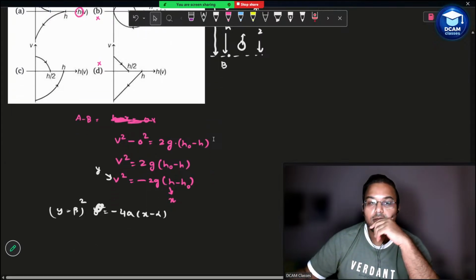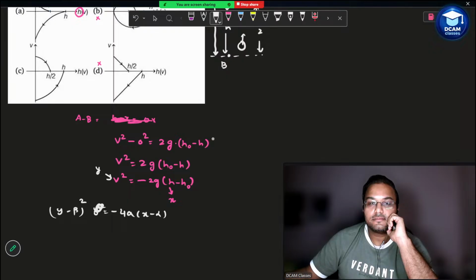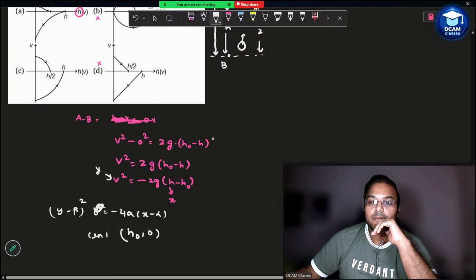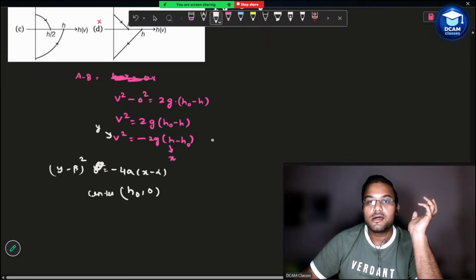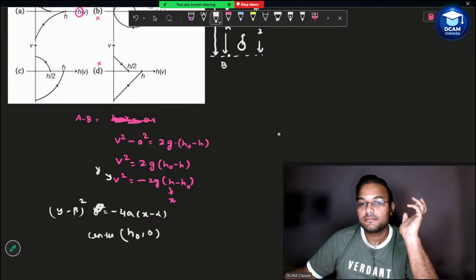What's the x coordinate? h naught. And what is this? It is the center of our parabola. y square is equal to minus 4x is what?